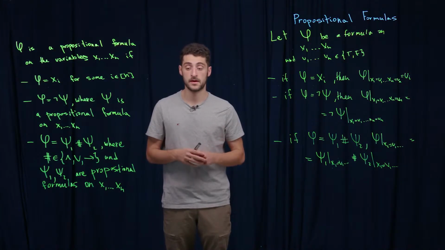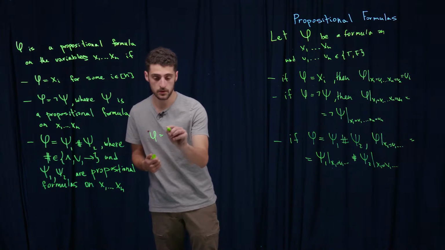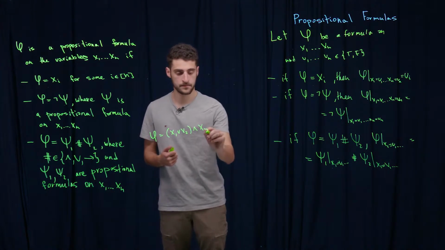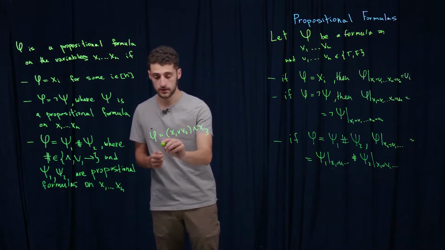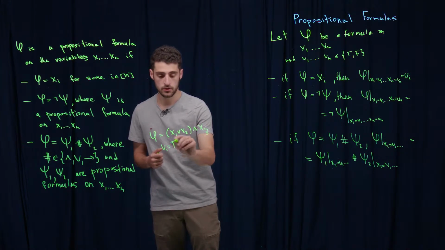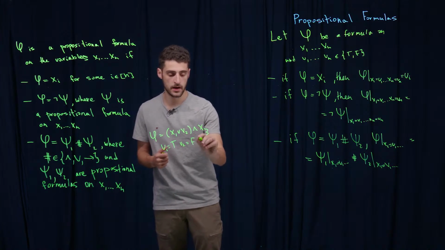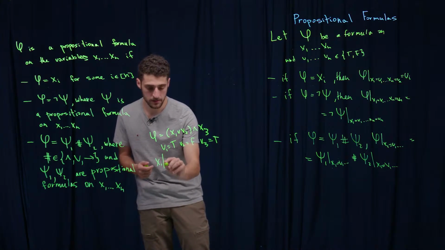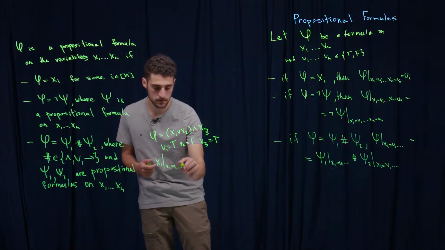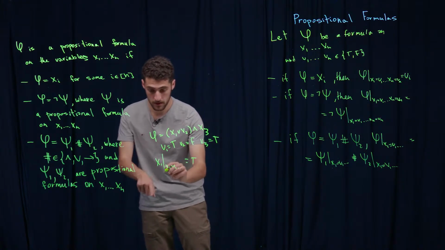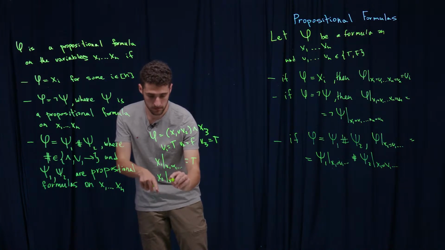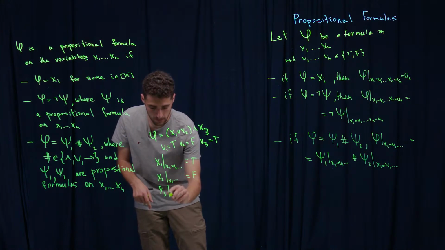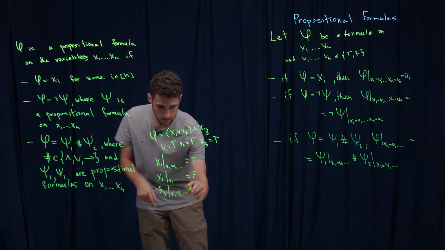Let's consider an example. Imagine that we have a formula phi equal to x1 or x2 and x3, and we wish to find the value of it with v1 equal to true, v2 equal to false, and v3 equal to true again. Note that the value of x1 under this substitution is true, the value of x2 is false, and the value of x3 is true again.